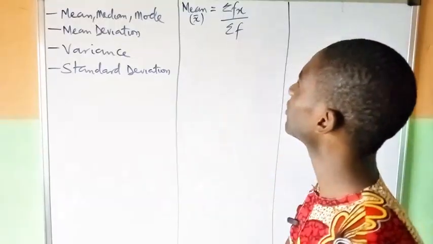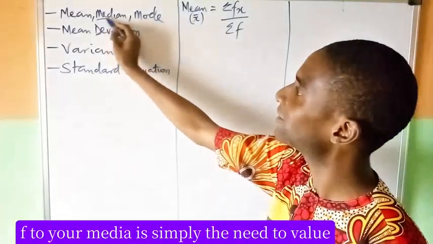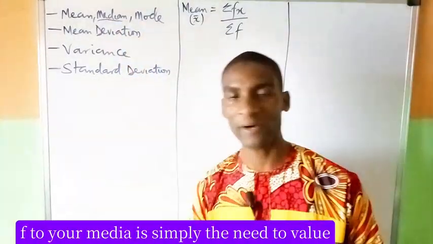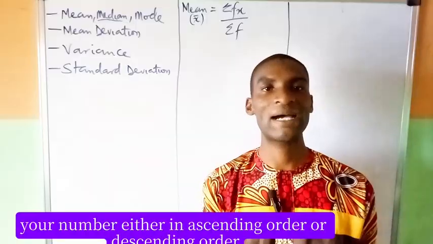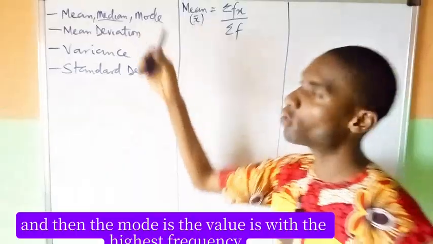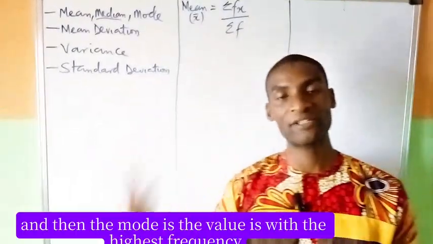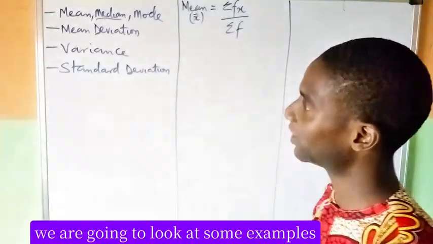Your median is simply the middle value once you arrange your numbers in ascending or descending order, and the mode is the value with the highest frequency. We are going to look at some examples.